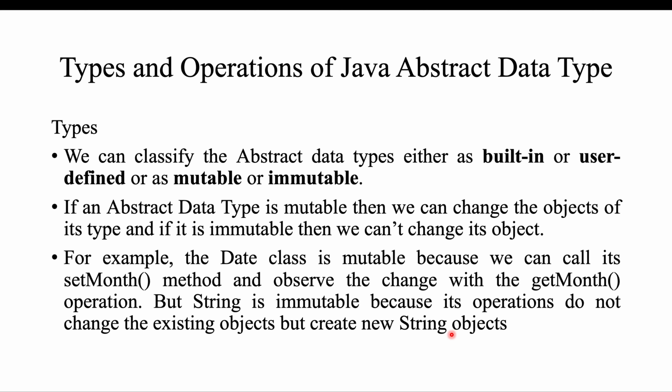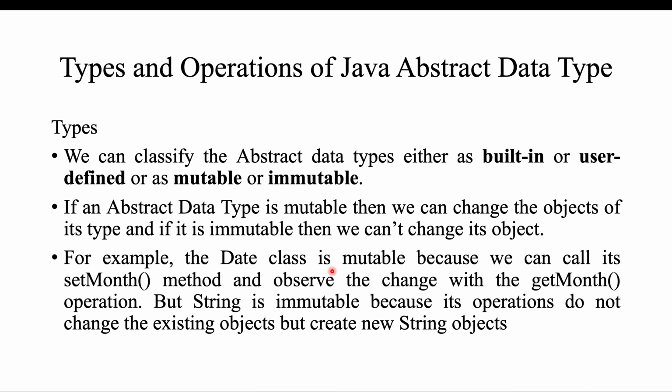The already existing original string object will not change. The original Java object will still be there, but a new object, C++, would be created. So it is immutable. That means it cannot be changed. Instead of changing, it is simply adding a new object with the updated value.